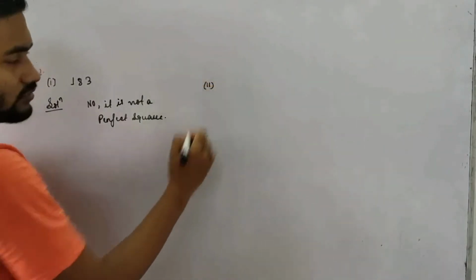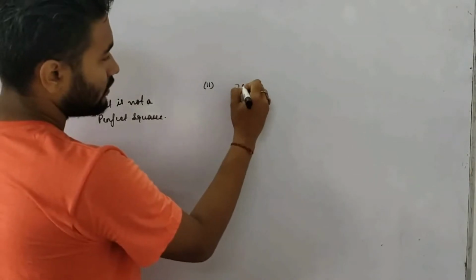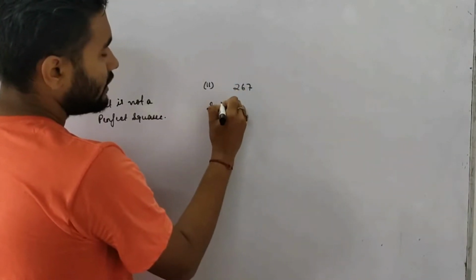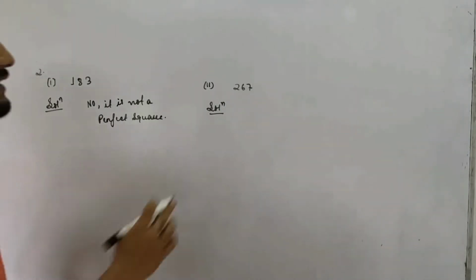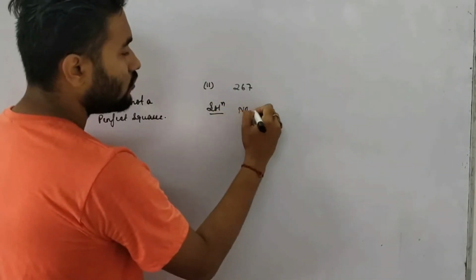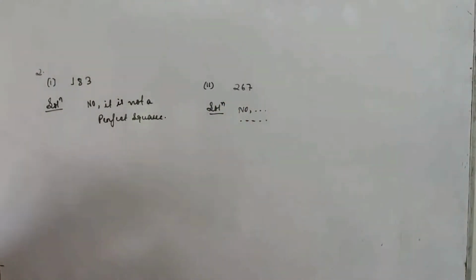Done, very simple. Number 2, 267. Solution: it is ending in 7. 2, 3, 7, 8, then never a perfect square. So it is ending in 7, so again the answer is no, it is not a perfect square. Okay.